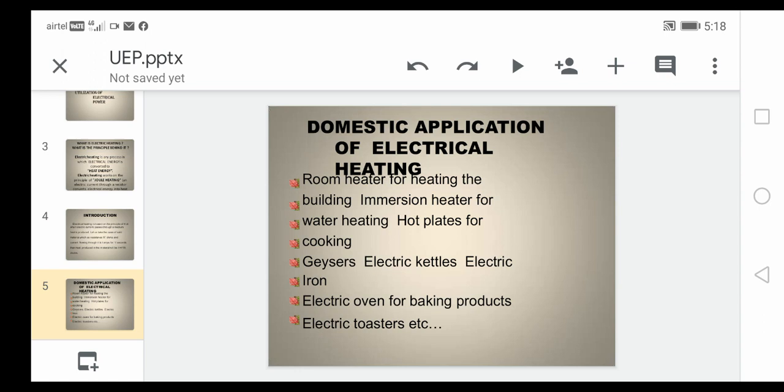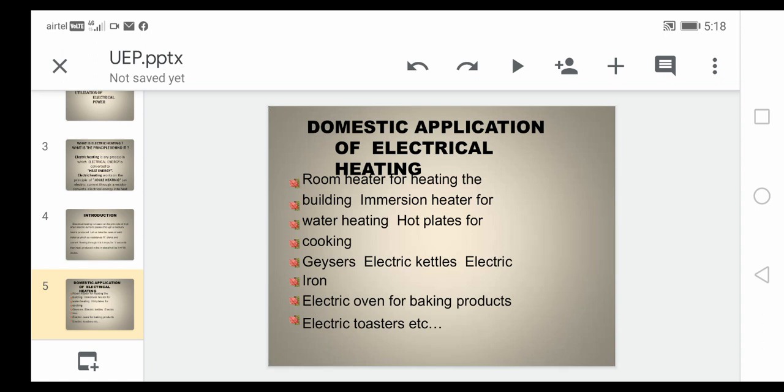These are the main things we use in our houses, which we call domestic applications of electric heating.